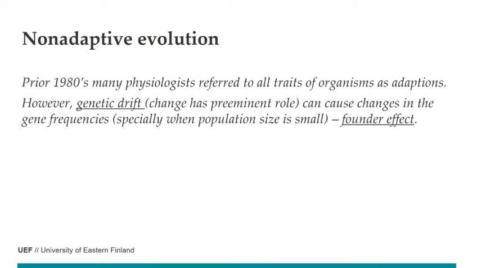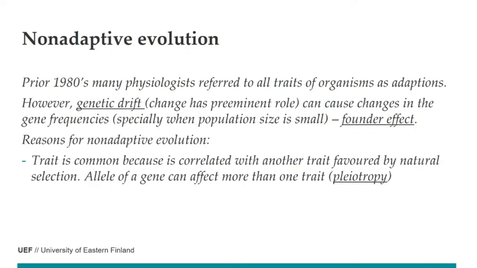And of course, because they are diseases, we can understand that this is not adaptation at all. So we can have different allele frequencies that are common although they are not adaptive at all. There are some reasons for that. First of all, the trait can be correlated with another trait that is favored by natural selection.